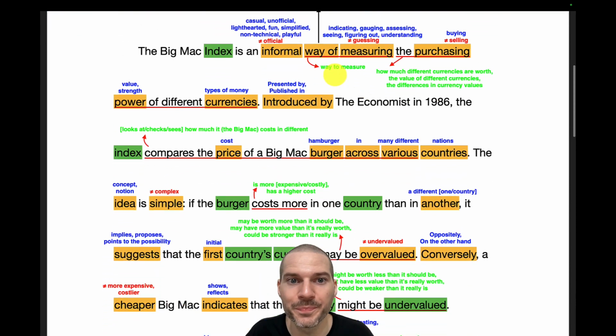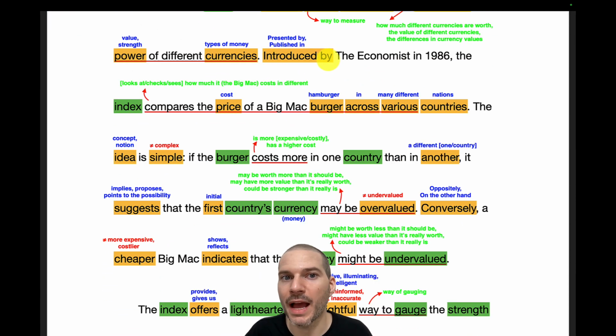It's kind of cool. Introduced by, presented by, or published in. And published means it's printed, because The Economist is a magazine. Introduced by The Economist in 1986, the index compares the price or cost of a Big Mac burger or hamburger across or in, both of these prepositions can work here, various.